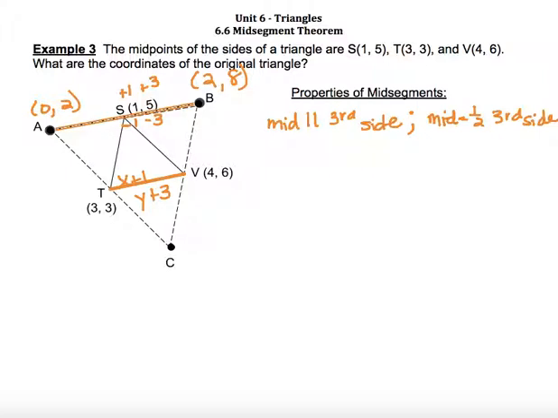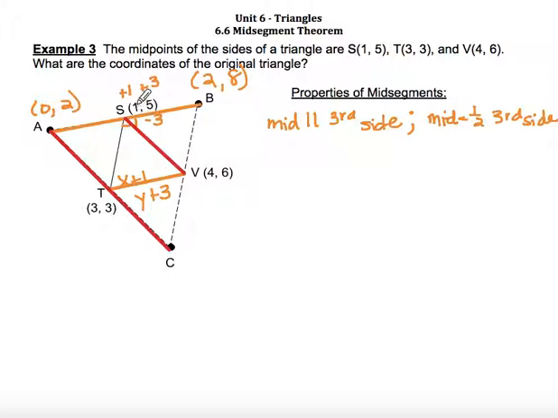Let's look at another midsegment and third side pair. So if I'm looking at midsegment SV, that third side that goes with it is CA.